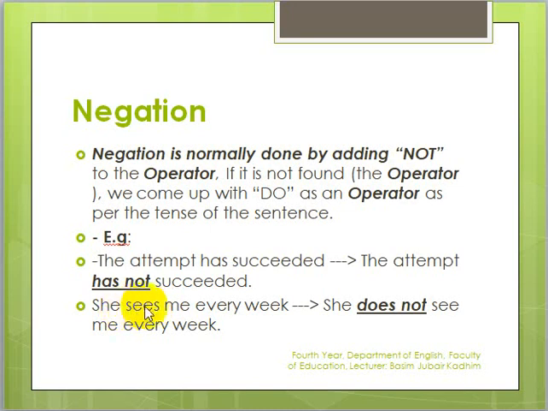We'll take the operator from the verb see, which is always do, and since she represents the third person singular pronoun, then of course it must be does, and then we put the particle not.